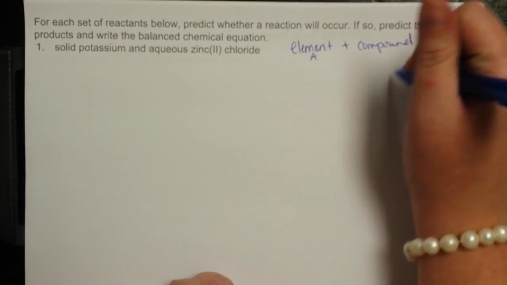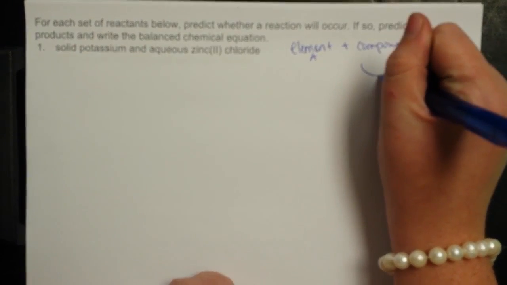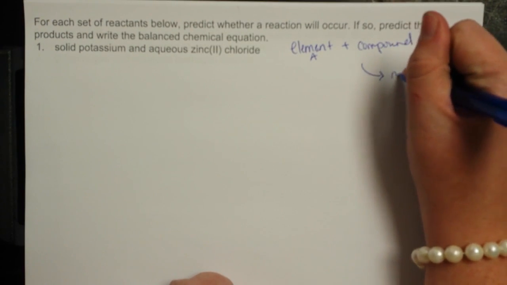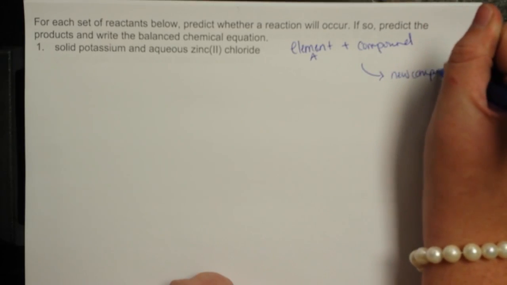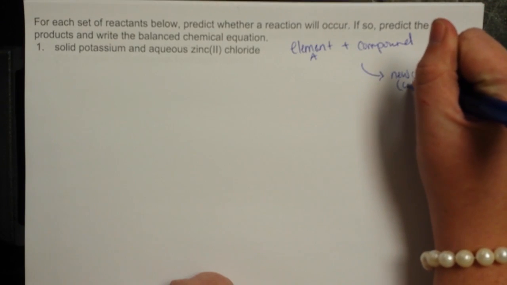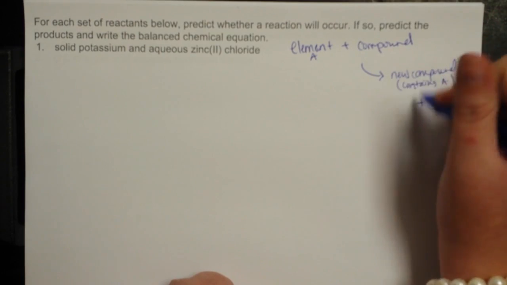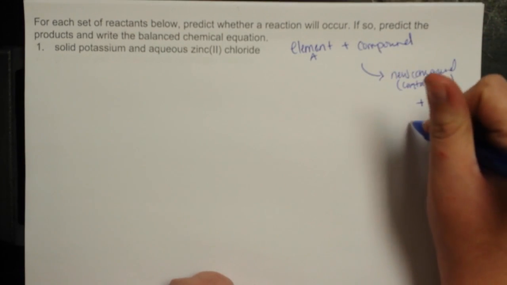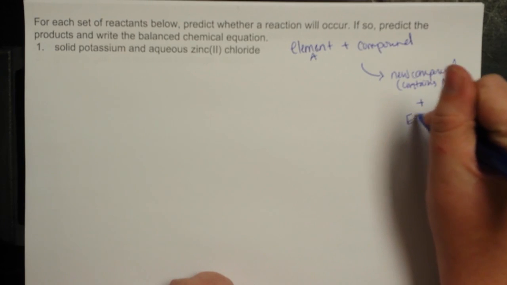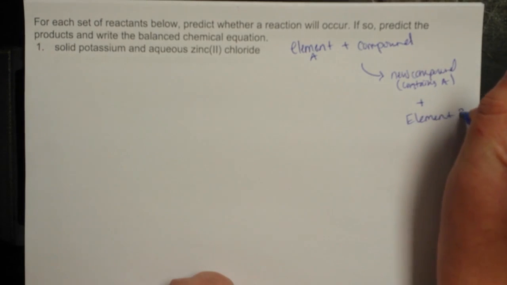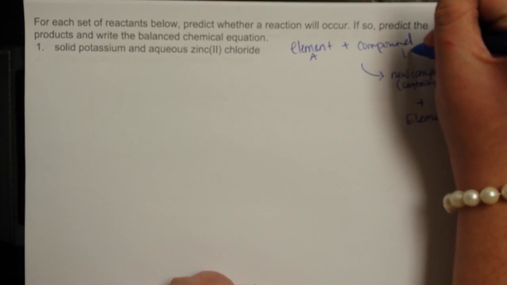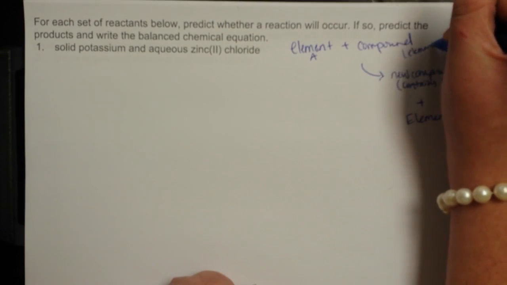So we'll say this element A, where now you have a new compound that contains element A plus the element that got kicked out. Okay, so we'll say like element B. We'll say that this has element B in it.